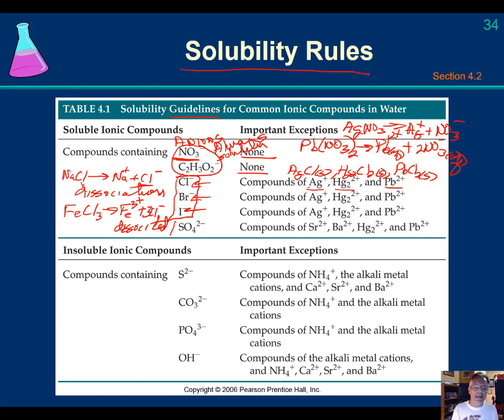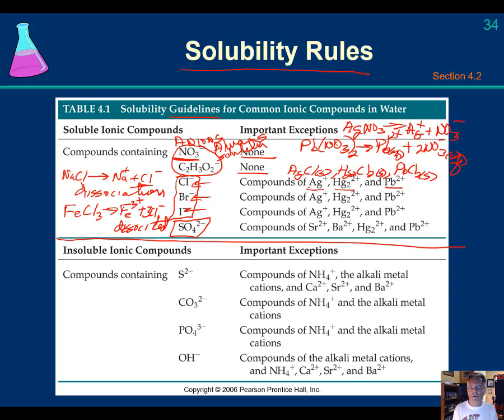Here's sulfate. If sulfate is combined with any other metal than strontium, barium, mercury, and lead, it's going to be soluble. It'll be associated with strong electrolytes. So all these anions on the top half of the solubility guidelines are mostly soluble anions.